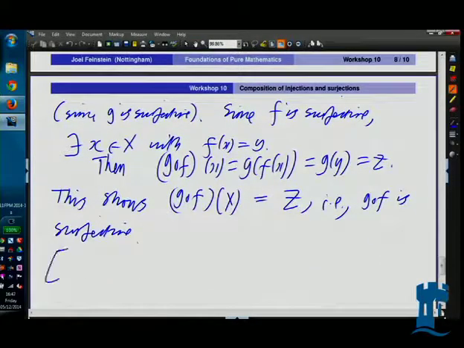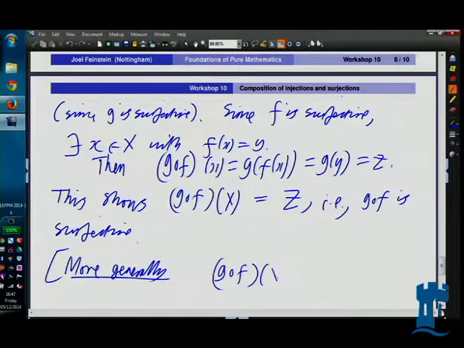More generally, the image of g composed with f of x is equal to g of f of x. And you might have thought you could have just said that in the first place.